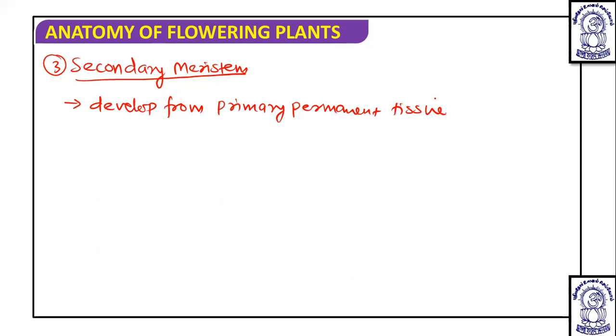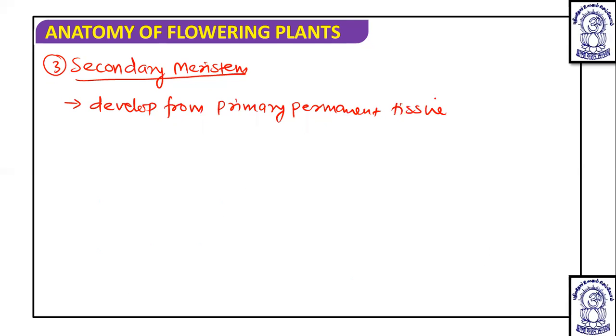Now, primary permanent tissues are nothing but parenchyma, collenchyma, or sclerenchyma. So they are in a non-dividing stage. Means secondary meristem is developing from the non-dividing cells, and primary meristem was initially developing from the start. It was in a division phase, but the cells which were non-dividing get converted into dividing.